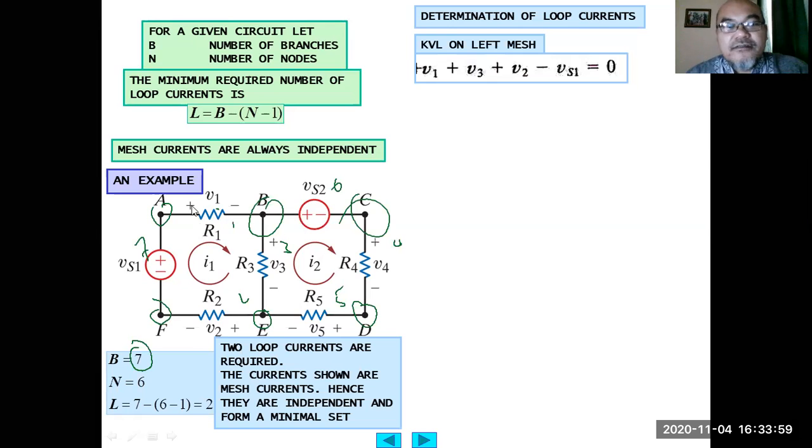Sorry, from A, not from F. From A to B is R1, so this is supposed to be positive. Positive V1 plus positive V3 plus positive V2 here, negative Vs1 here.